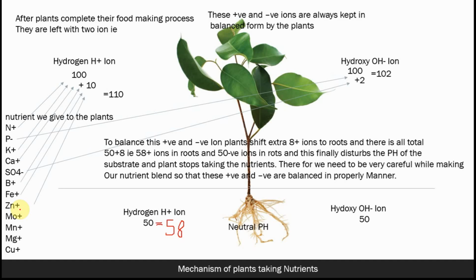Make sure that you have the knowledge to make the nutrients for your hydroponic system. And if you are asking any technical person, consultant or expert, ask them to give you the balance of positive and negative ions of the nutrients that they are preparing for the plants you will be planting in your hydroponic system.